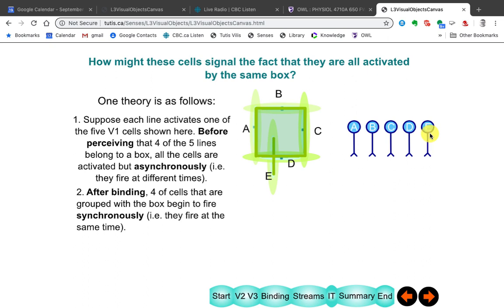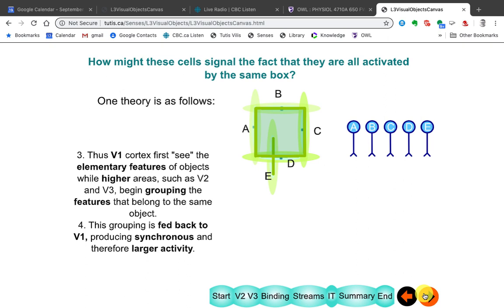So this is called binding. You bind the activity of neurons together to form shapes of different kinds. And the process continues over and over again until the objects in the world are defined.